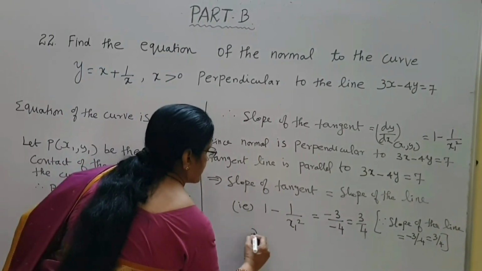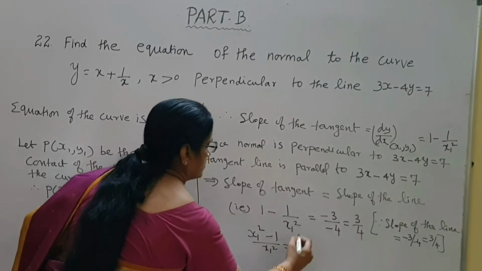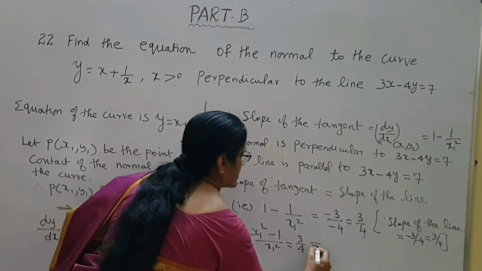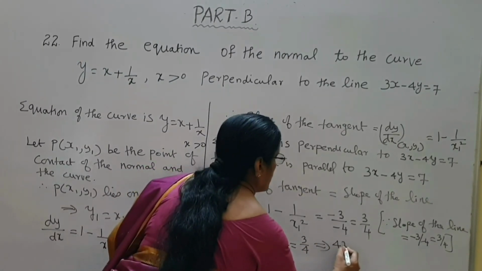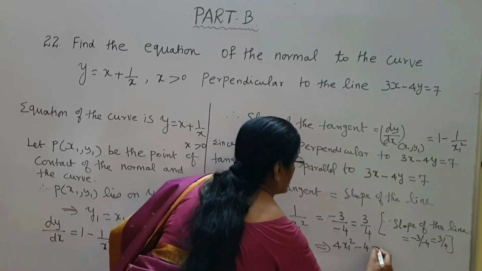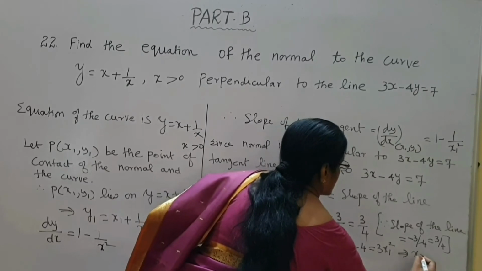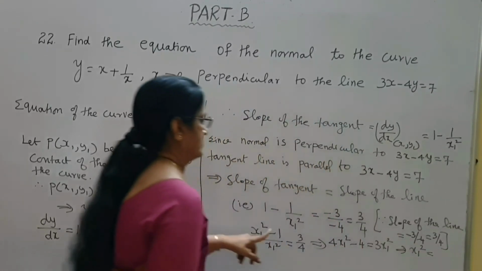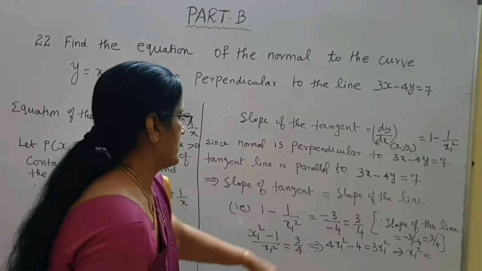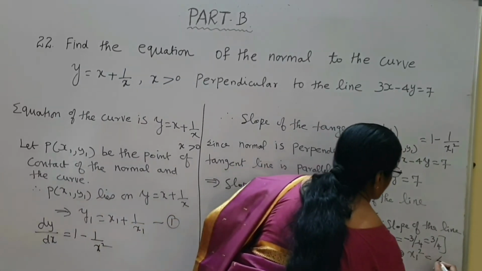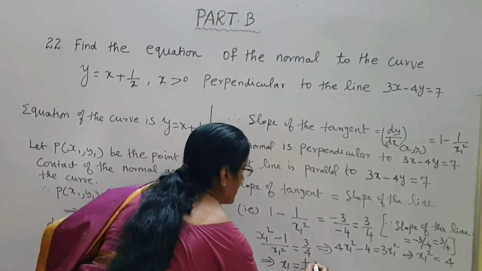This gives me 1 minus 1 by x1 square equal to 3 by 4. Implies, cross multiply, 4x1 square minus 4 equal to 3x1 square, implies x1 square equal to 4, implies x1 equal to plus or minus 2.